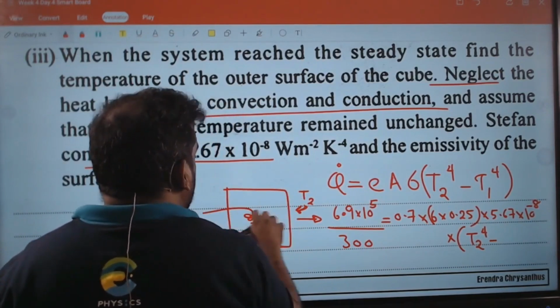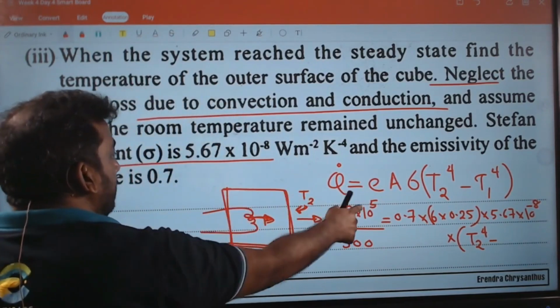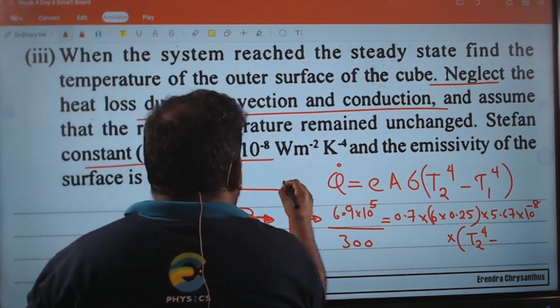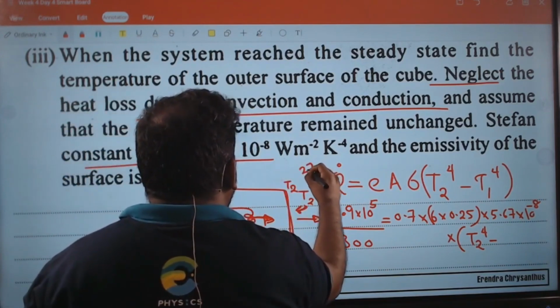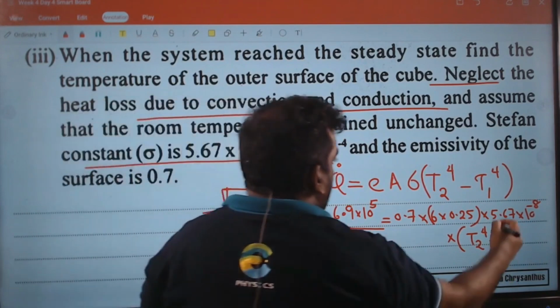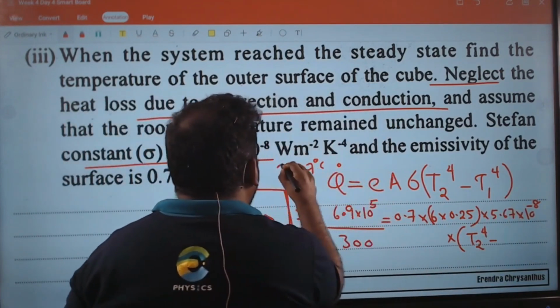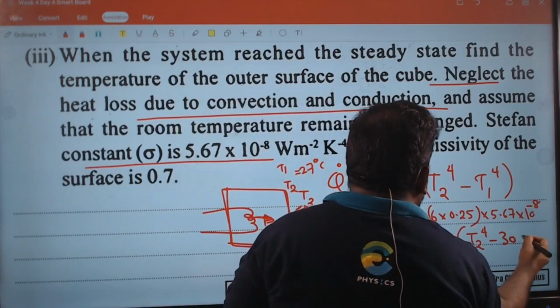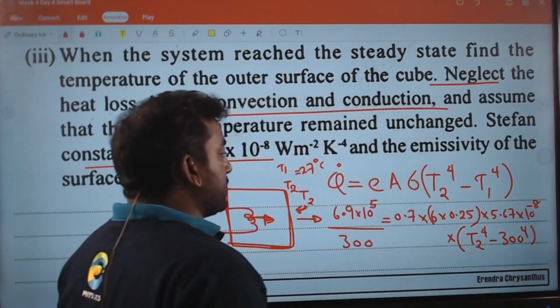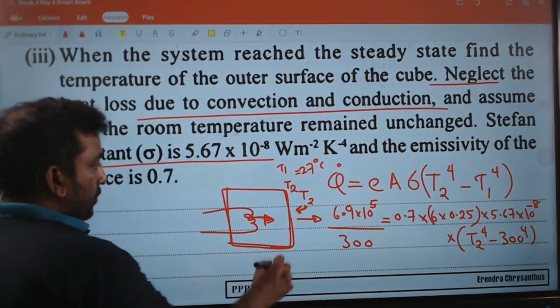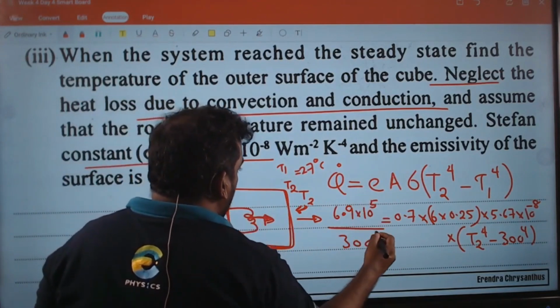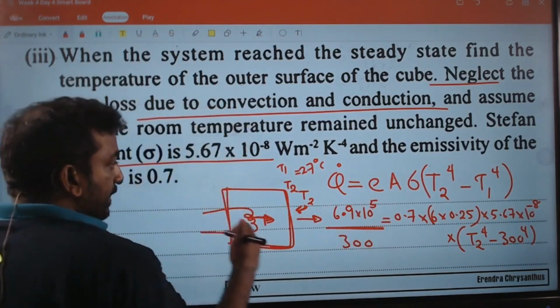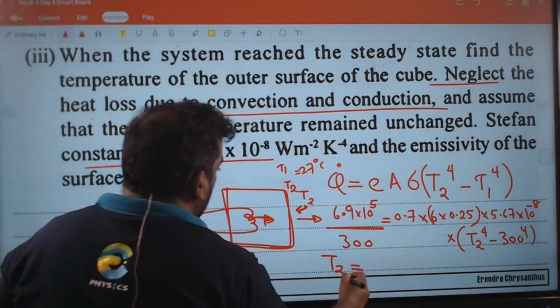The rate at which heat is given by the container is known. Outer surface T2, room temperature 27 Celsius taken as T1, 300 Kelvin to the power 4. So the rate at which heat is given is 6.9 10 to the power 5 over 300 seconds. Simplify this, you can find the temperature T2.